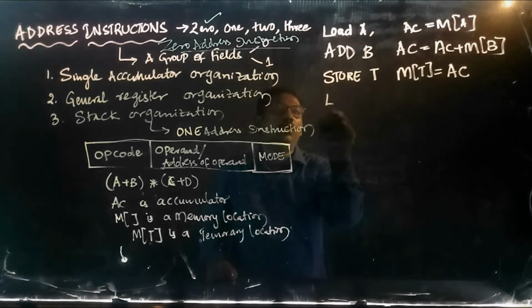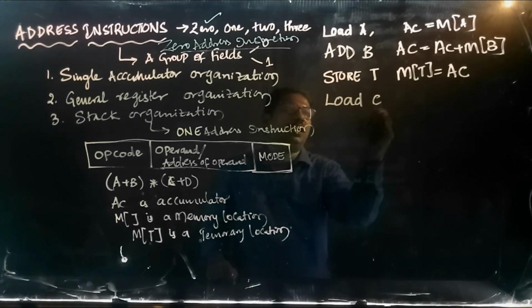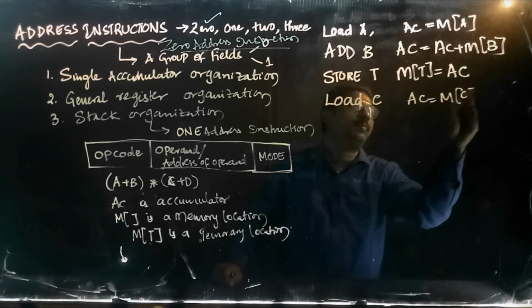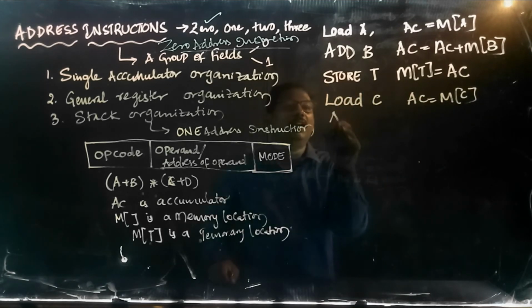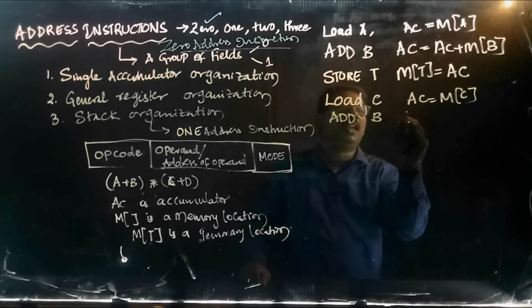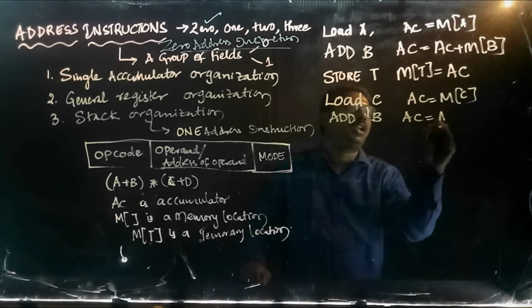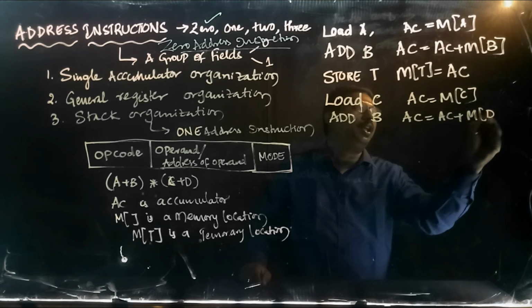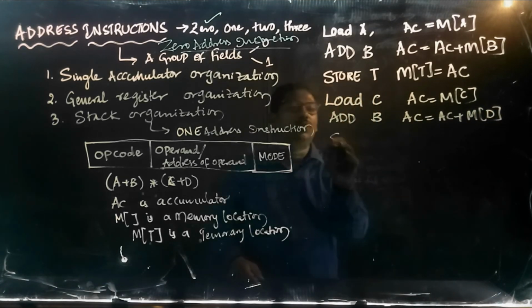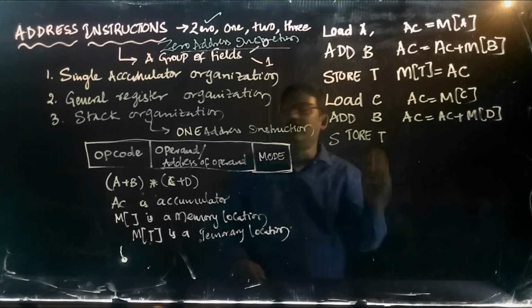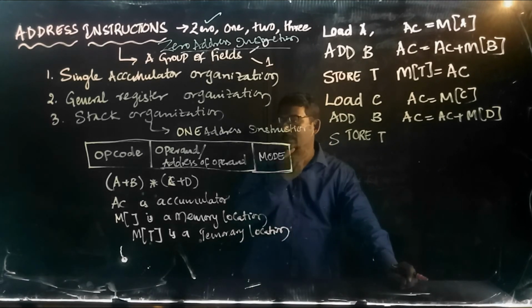Then again load C. Now AC value will become M of C. Next add D. So the AC value will become AC equal to AC plus M of D. Next, store T. Again one temporary location we taken.